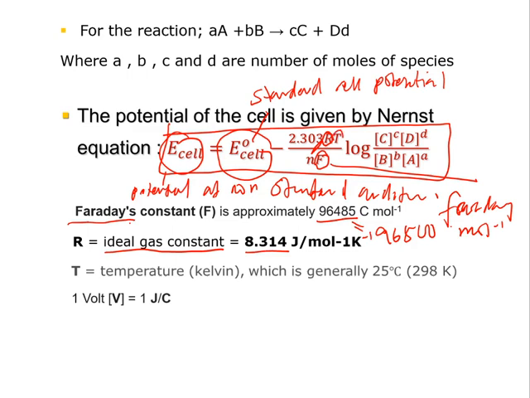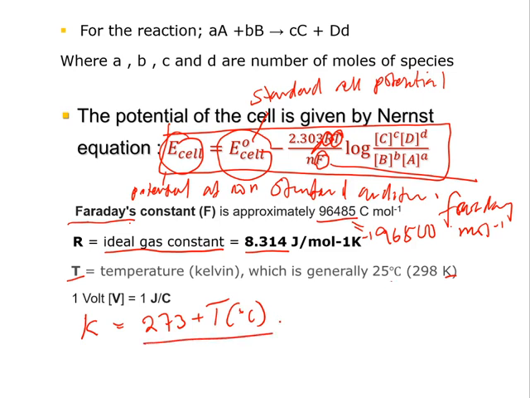Then you have T. T is the temperature in kelvins. You know that temperature in Kelvin is equal to 273 plus the temperature in degrees.